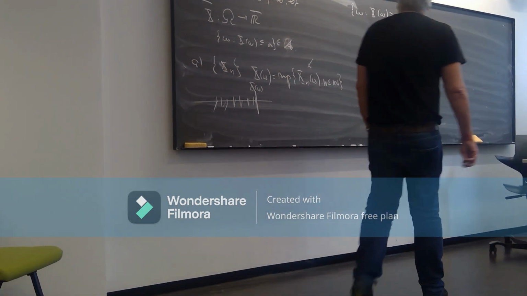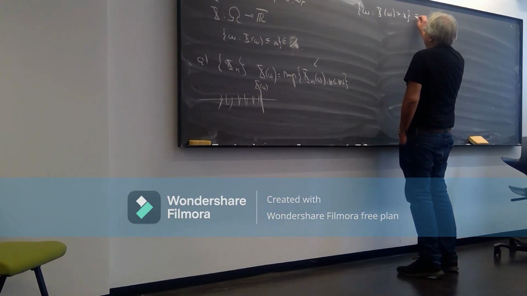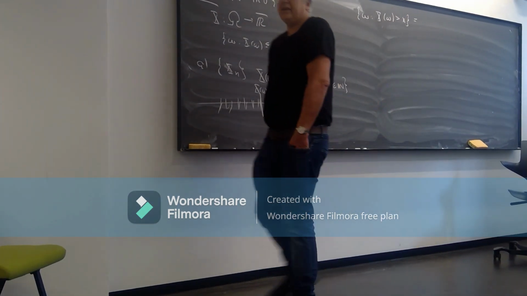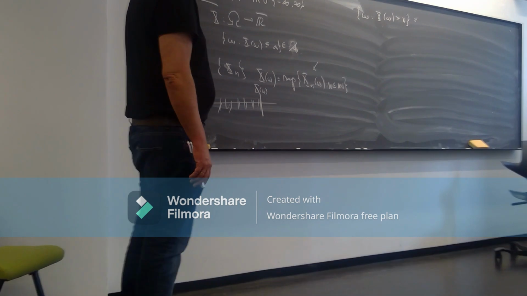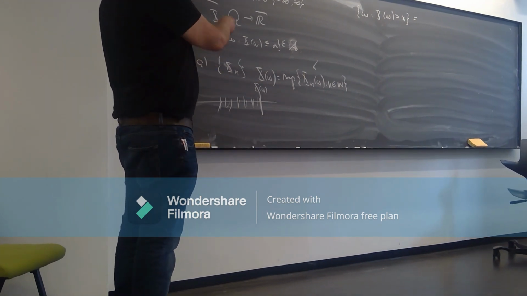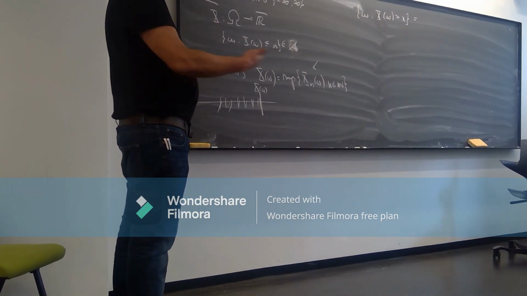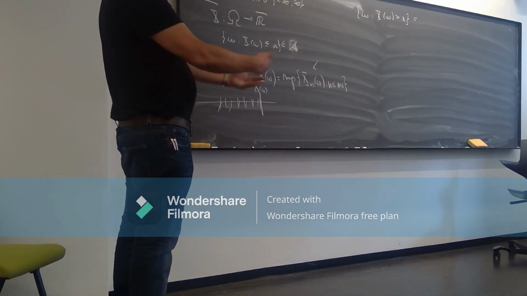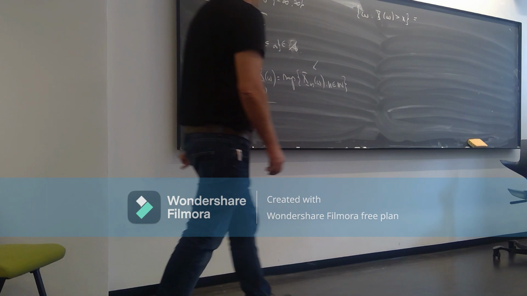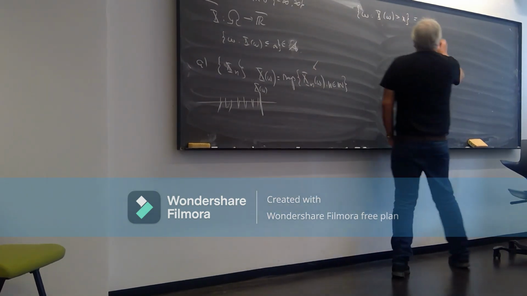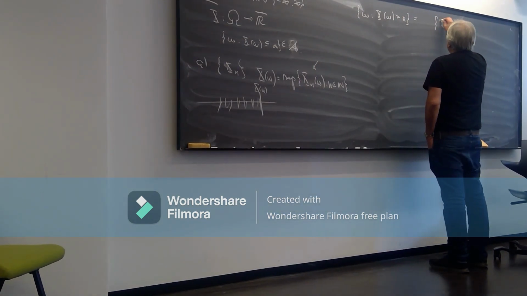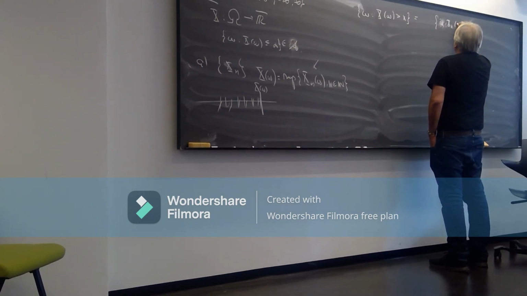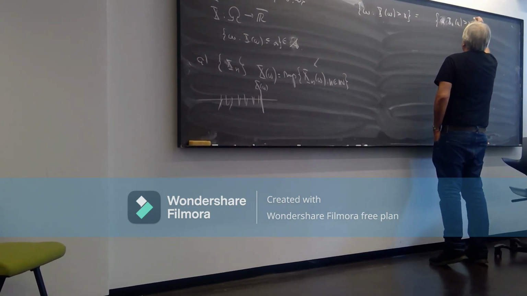But this isn't so bad, because how can X of omega be strictly larger than x? Well, the only way the least upper bound can be strictly larger than x is by at least one of these X_n of omega being strictly larger than x. I mean, if they're all less than x, there's no way the supremum can be strictly larger. So it suffices here that there's one of these X_n of omega which is larger than x.